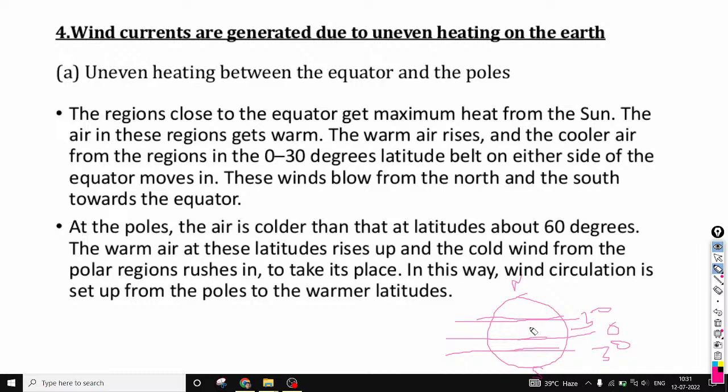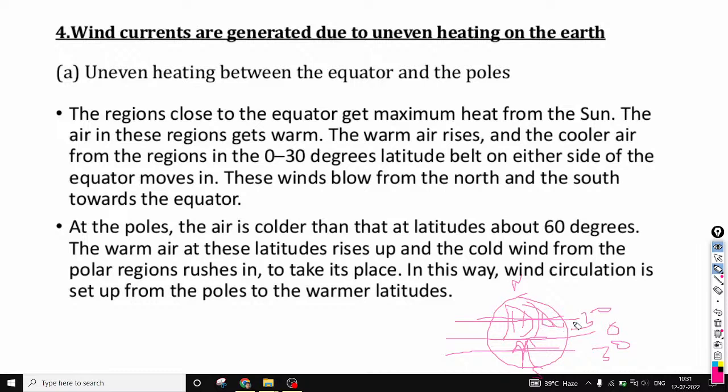By filling the empty places left by the rising air, cooler air will be coming towards this location from the other poles, from the northern pole or from the southern pole.